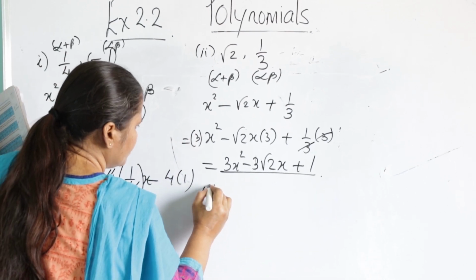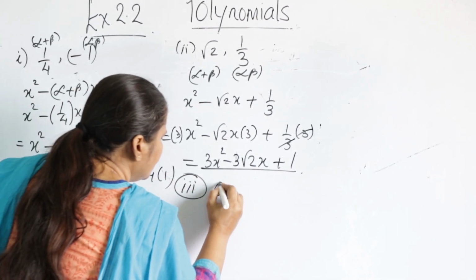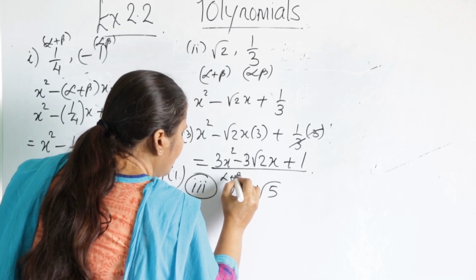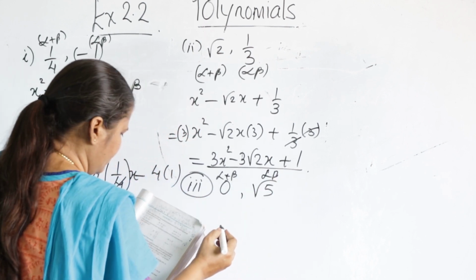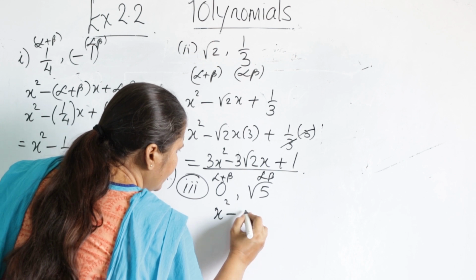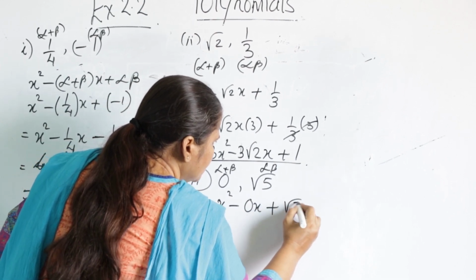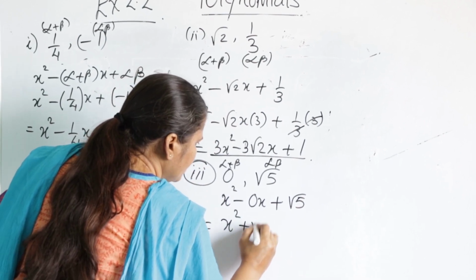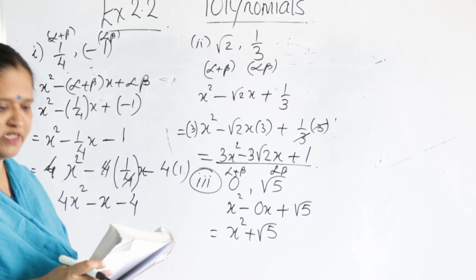Now let's go to the third one, which is 0 and root 5. So what is this? Alpha plus beta. What is this? Alpha times beta. Then we have x square minus 0x plus root 5, which means x square plus root 5 is the polynomial that is required.